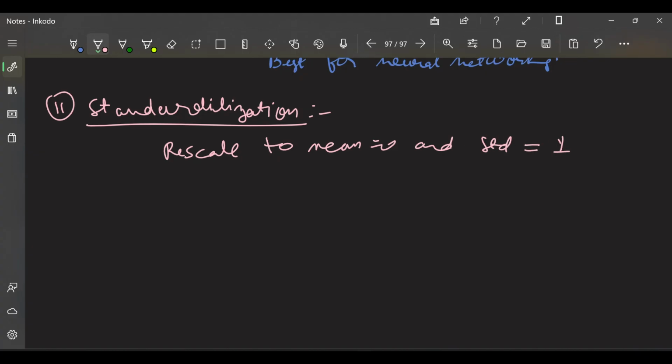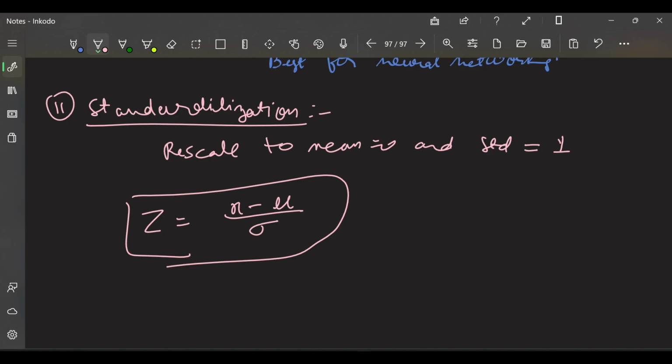The formula is z equals x minus mu divided by sigma. Standardization means z-score scaling, you can call it z-score scaling. I hope this is clear.